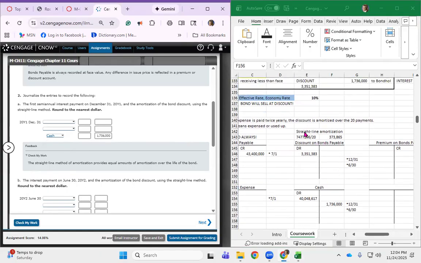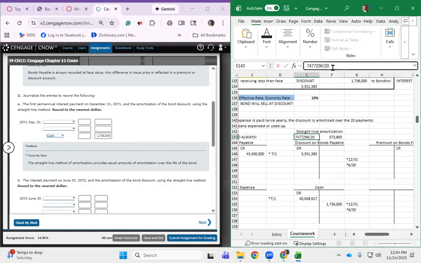All right. So then here comes the next piece. This discount that we created, we've got to take the discount and divide by the number of interest payments that we're going to make. So put your discount down. Mine is 3,351,383, and I'm going to divide by 10 payments of interest.